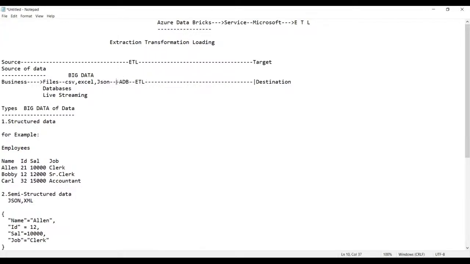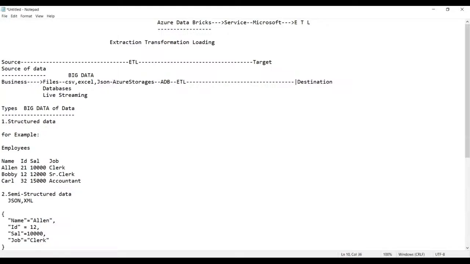ADB is a service provided by Microsoft Azure. Actually, the data needs to be stored in Azure storages first. From the Azure storages, the data can be pulled in.